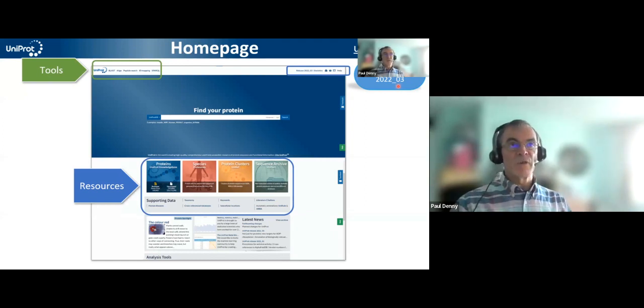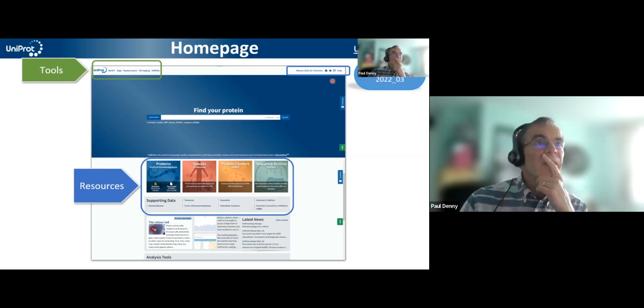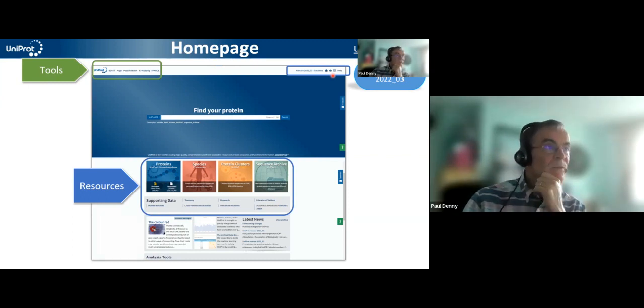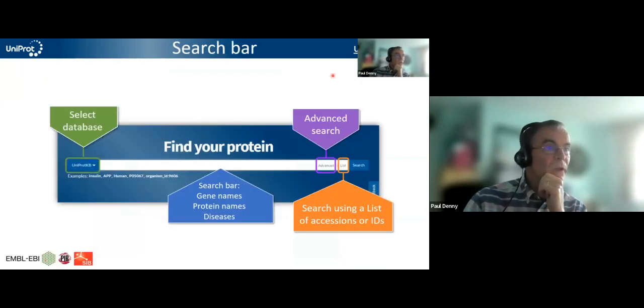Our data is released on an approximately 8-weekly cycle. The current one, I think, is actually now 2022_04, so this slide is already slightly out of date. And then these little icons here are for other tools that are useful for accessing the data and your results.